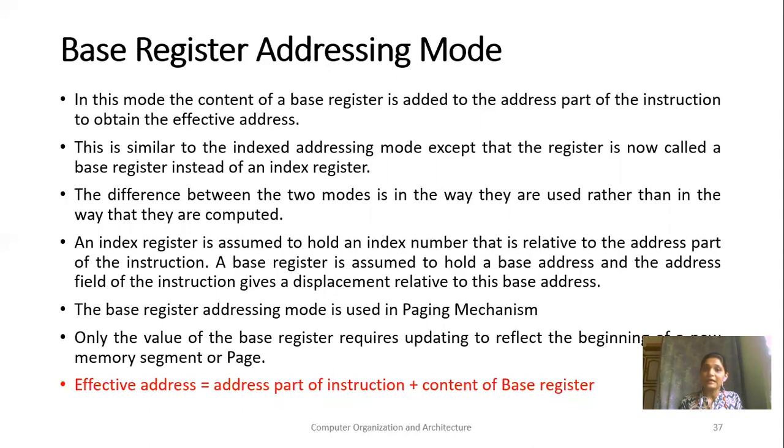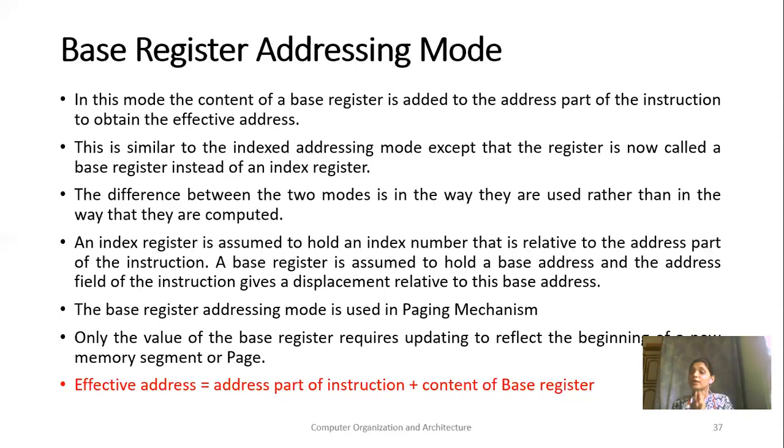We can say that the difference is the way they are used rather than how they are computed. In index addressing, the index register is assumed to hold an index number that is relative to the address part of the instruction, while in a base register it is assumed to hold the base address, and the address field of the instruction gives the displacement relative to the base address.